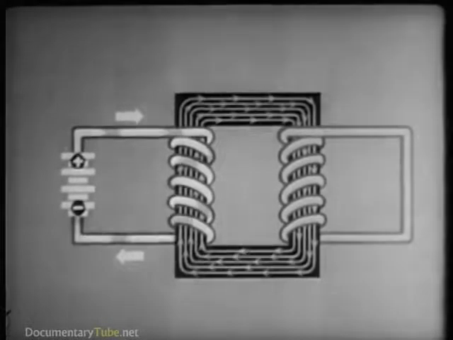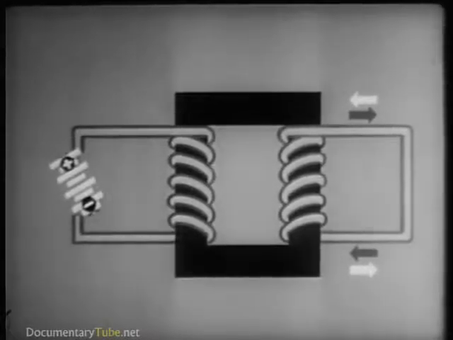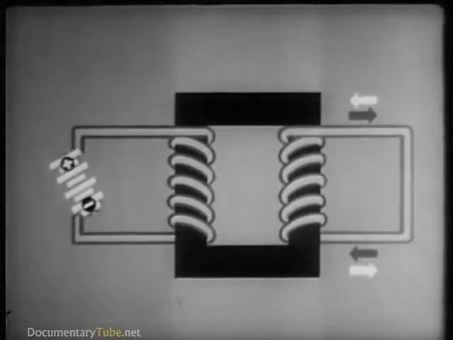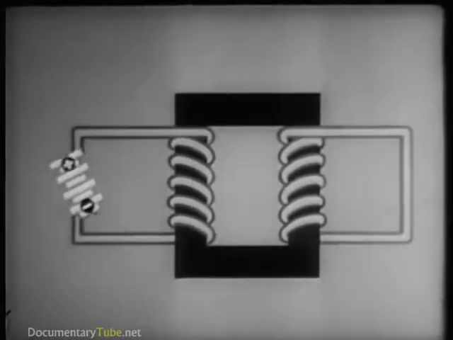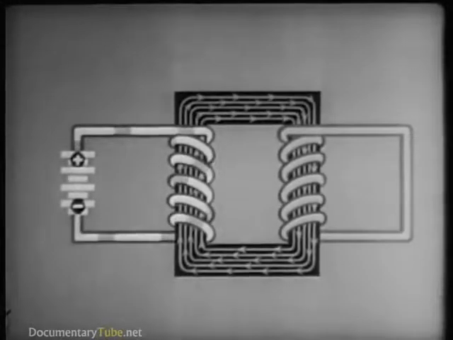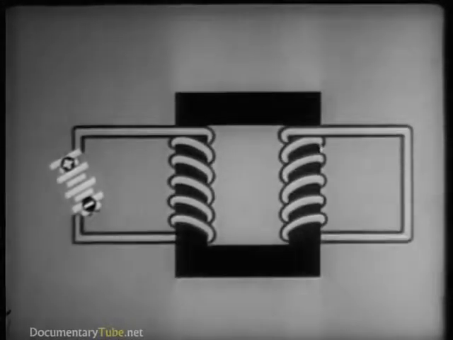As the magnetic flux dies, current again flows for an instant in the second winding, this time in the opposite direction. This, then, is the first important fact about a repeating coil. It blocks direct current except at the instance when the current is changing.